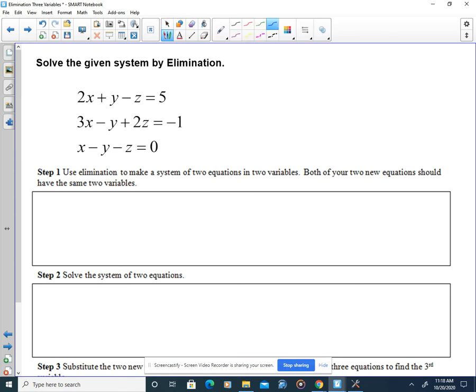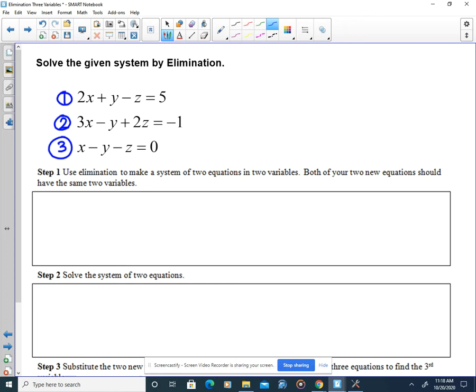So what I like to do is I like to label these 1, 2, and 3. I'm going to look at these 3 equations. I'm going to look at the x's, the y's, the z's. I'm going to try to decide what variable would be the easiest to eliminate from all 3 of them. So we want opposites.